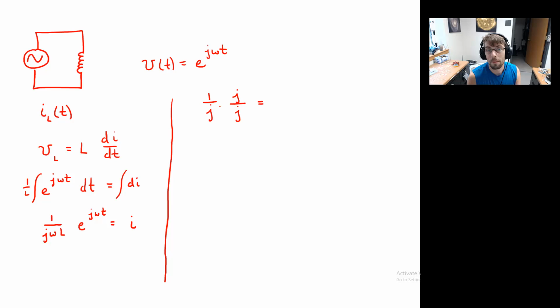If you have j in the denominator, that's the same as having a negative j in the numerator. So I like having this written not as 1 over j omega L, but as negative j over omega L. And of course, we can use our Euler relation again.